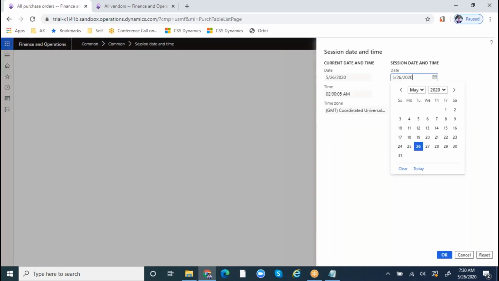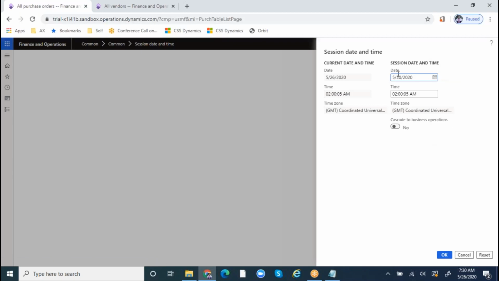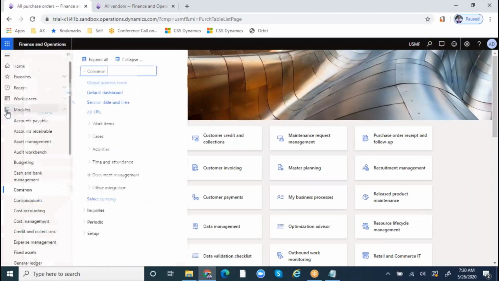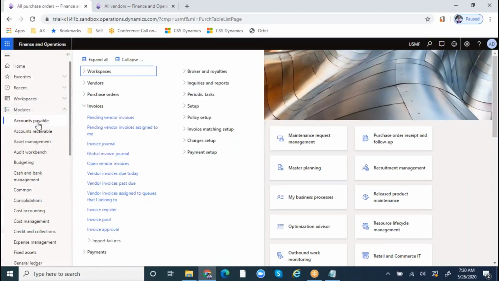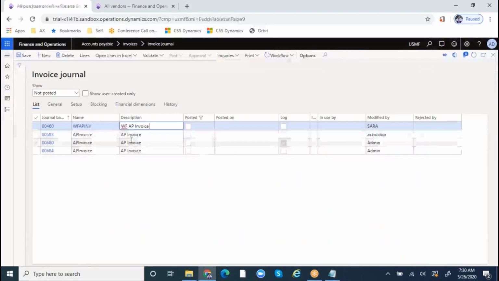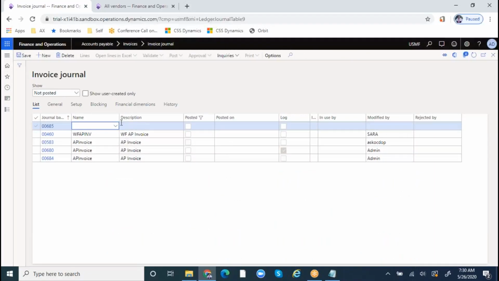This date and time I can change to, suppose, the 20th. This is only for this screen, only for this form. I have changed it to 20th of May. Now if I am doing an invoice journal, if I click new, AP invoice, and go to lines, it will automatically show 20th May every time.